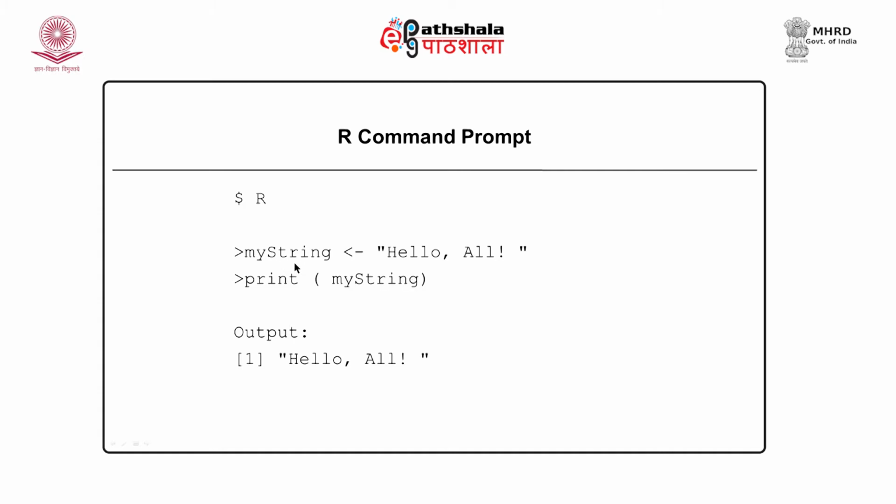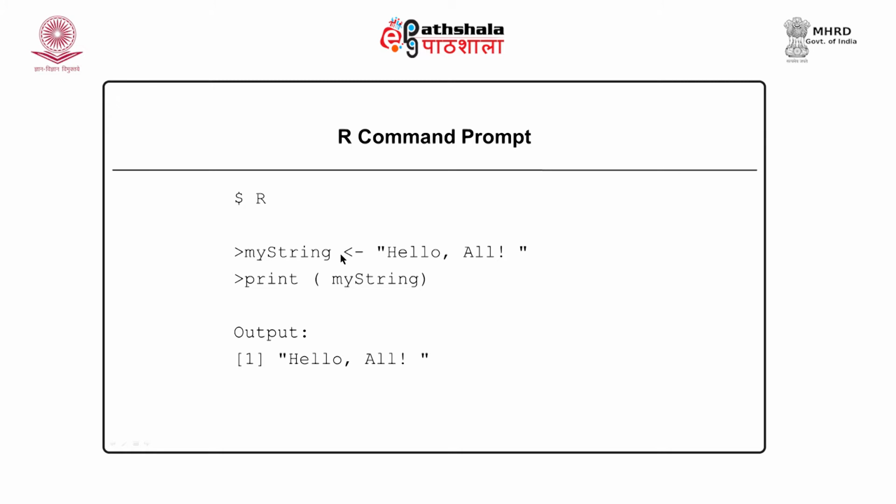Command 1 stores a string in a variable myString, and the other command displays the content of myString. The output will be displayed in this format. Whatever string we have stored in the variable, the same string will be displayed as output. So, this is how we can use the command prompt for typing our R commands.